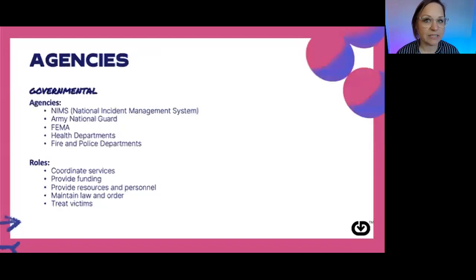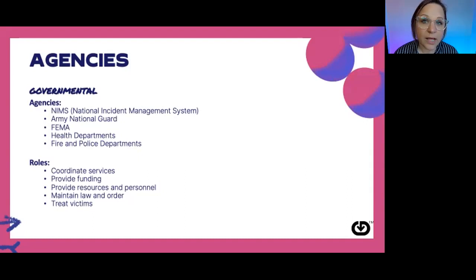Now, when we're talking about disaster management, there are so many different agencies involved, both governmental and non-governmental. So governmental agencies involved in disaster management include NIMS, which is the National Incident Management System. The Army National Guard can be provided to provide resources and personnel and even help with healthcare. FEMA is the Federal Emergency Management Agency from the government to help coordinate federal level government assistance during a disaster.